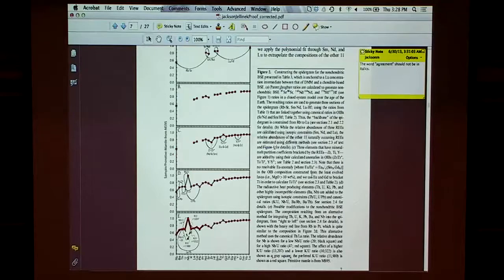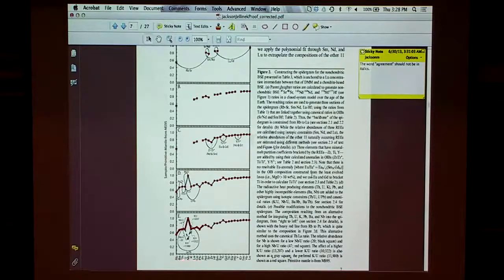All right, so what do we have going on here? So this is a spider diagram for the uninitiated. So what do we have plotted here? We just organize the elements in order of decreasing incompatibility. So rubidium is really incompatible.